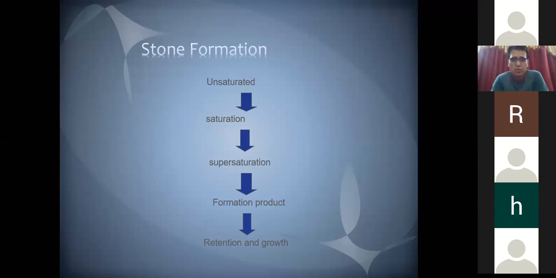But when there will be a supersaturation, still at that time there will not be a production of these stones or crystals until there is the limit achieved where you cannot have any further saturation. You cannot go beyond that saturation. That's called as formation product, when the stone formation or crystal formation starts, and then the nucleus forms and the stone formation starts.